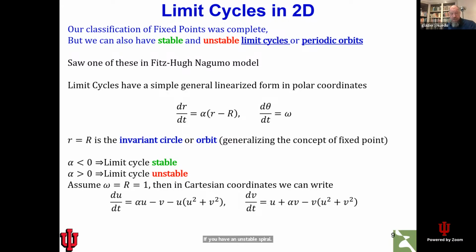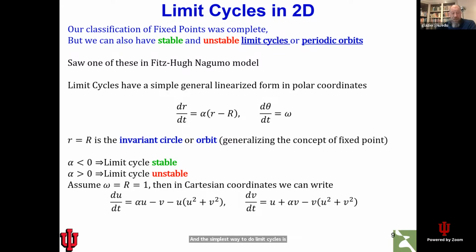If you have an unstable spiral, it could lead to something else. It could go to a different fixed point. But it's also possible that it leads to what's called a stable limit cycle. A limit cycle is a situation in which you have temporally periodic behavior of your system. And the simplest way to deal with limit cycles is to go into polar coordinates.